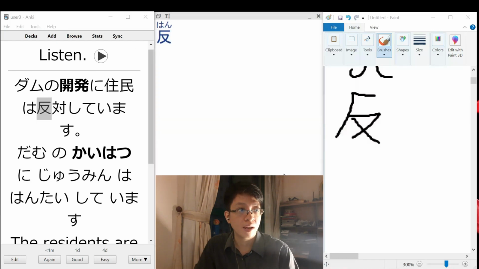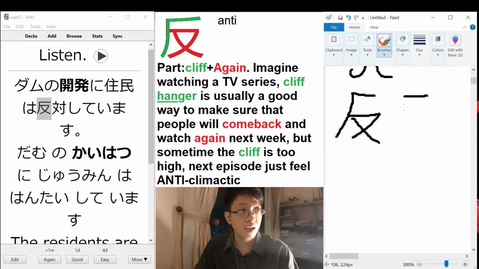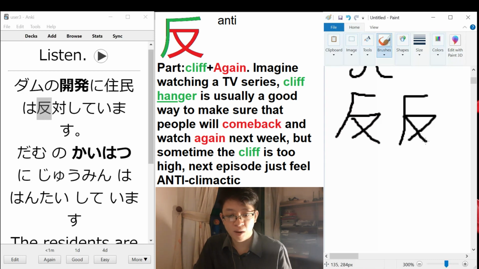Yeah, and we have the cliff here. This is a cliff, right? And this one is again. So like, you think of it in a sense of a TV series. Usually it is a good move to have a cliffhanger ending. That's why you will incentivize people to come back to watch again the next week.